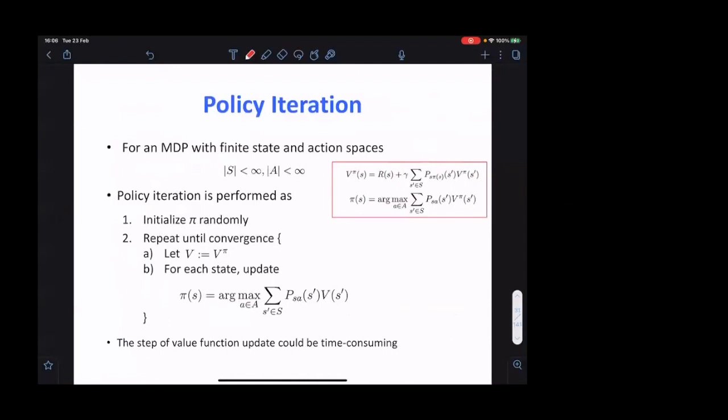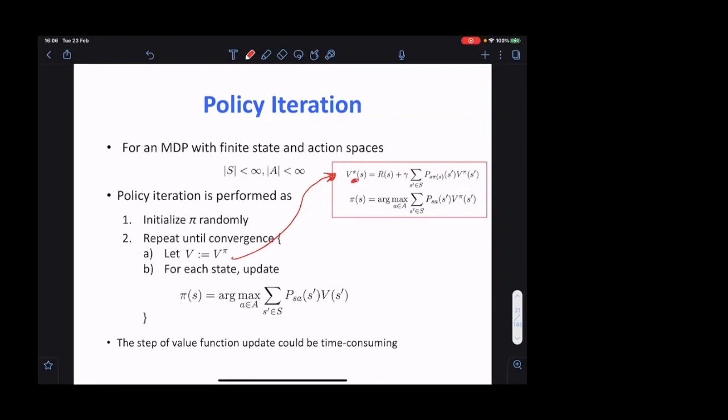This is value iteration, but you can obviously do it for policy iteration. In policy iteration, each time you assign a policy, which in this case would be just a table, as I indicated. Based on that, you calculate the value function.